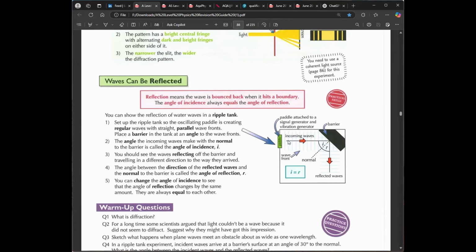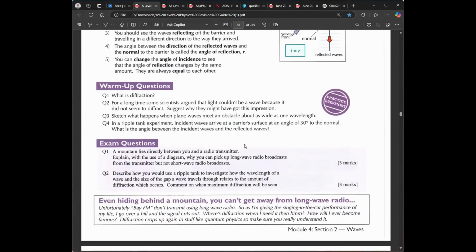It is the angle between the incoming light and the axis that is normal to the reflective surface. So this is the normal. The angle between the incoming wave and the normal is the incident angle, and the reflected angle is between the reflected wave and the normal. That's pretty much it in terms of reflection.